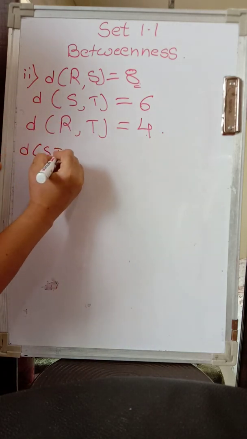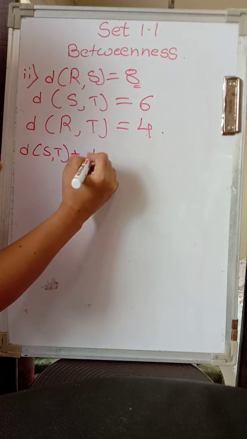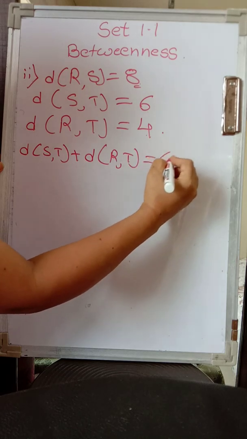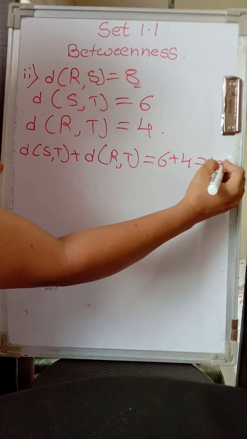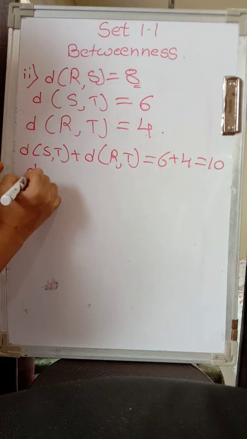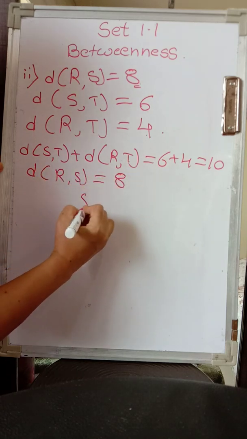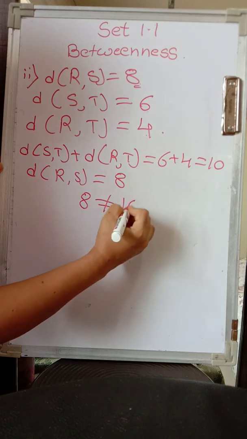Distance ST plus distance RT is equal to 6 plus 4, which is equal to 10. Okay, and the given longest distance RS is equal to 8. So 8 is not equal to 10.